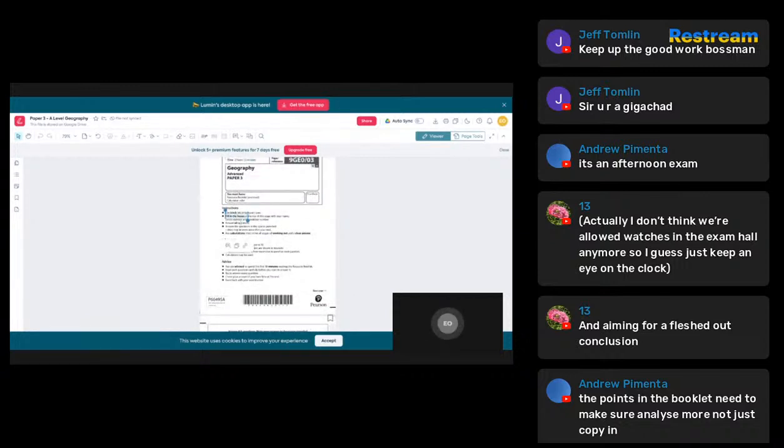So fill in the boxes, answer all the questions. Obviously, any calculations must show all stages of working out. Now, your calculation might be wrong, but if you've demonstrated your working out, you might end up getting a mark. So just make sure that you bear that in mind for the exam itself.